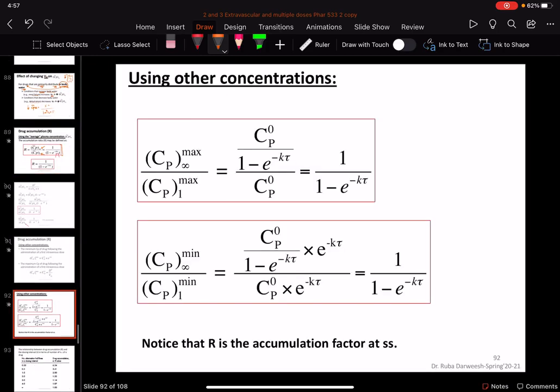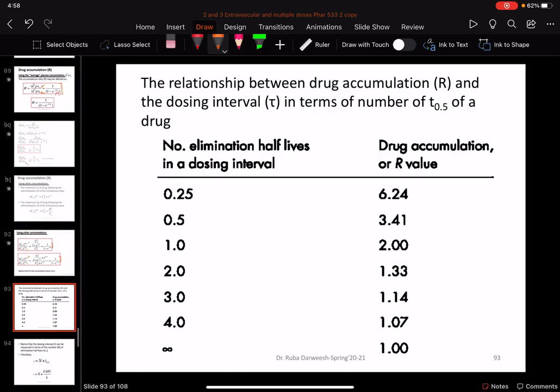And whatever the way that you are doing it, such as maximum at steady state over maximum for the first dose, minimum at steady state over the minimum of the first dose, we will still have the same term, and we talked about the effect of the number of half-lives or dosing interval or changing the frequency of the drug administration on the drug accumulation.